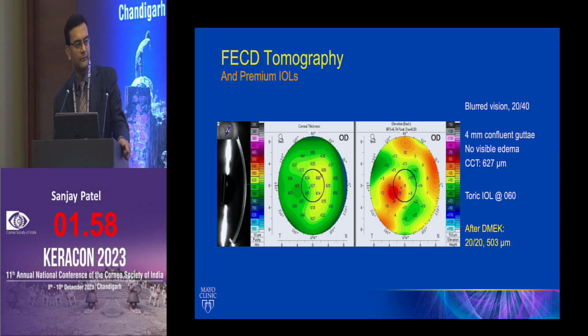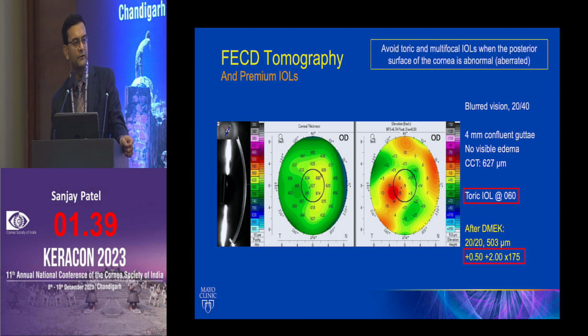The cornea was thinner, but nothing has been done to help their astigmatism. So when you've got abnormal tomography maps, then the back surface is not normal. You cannot predict toricity, and your back surface is aberrating the cornea, so avoid toric and multifocal lenses in that situation. So again, of clinical practical relevance.